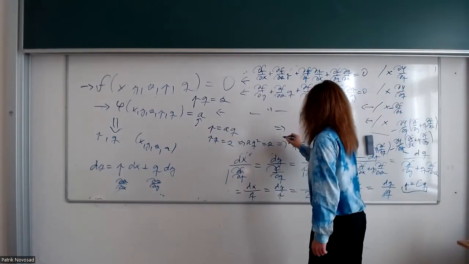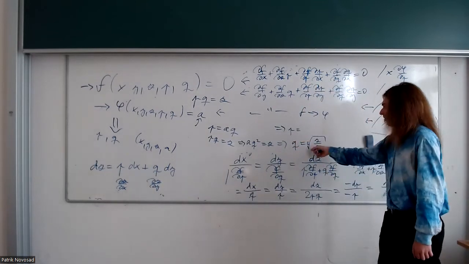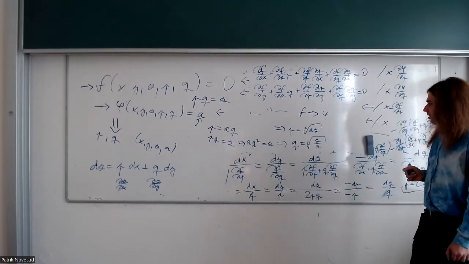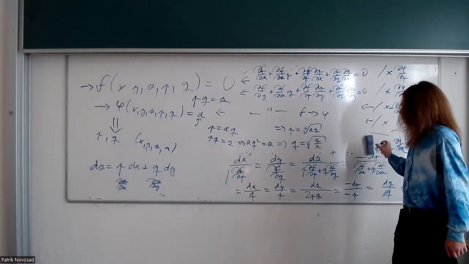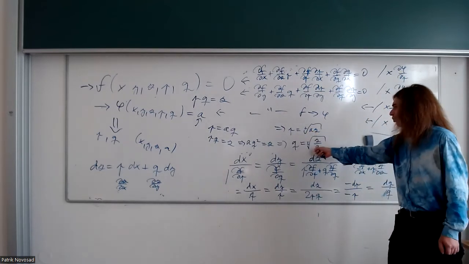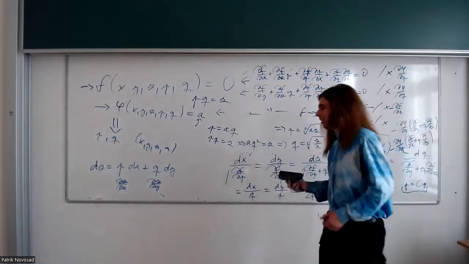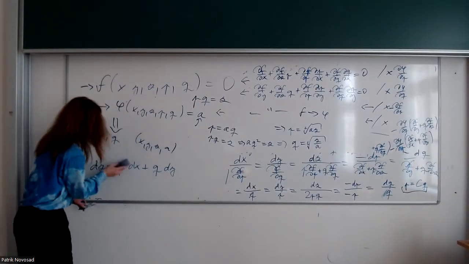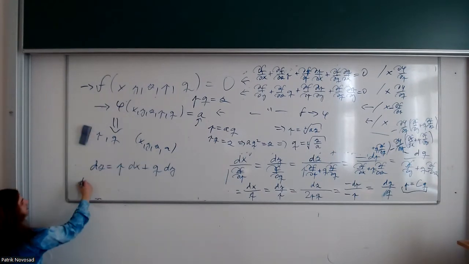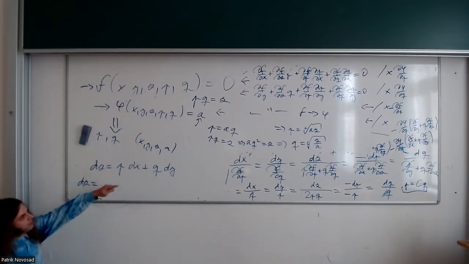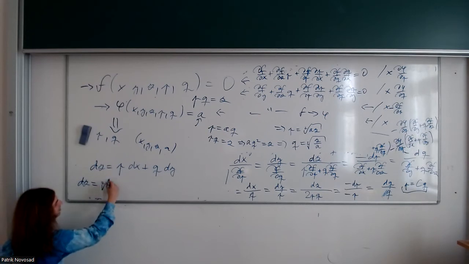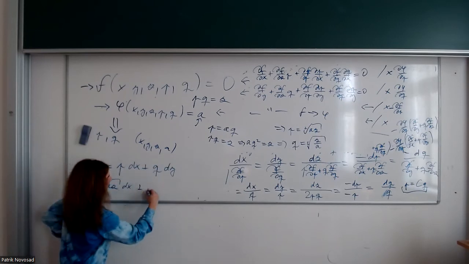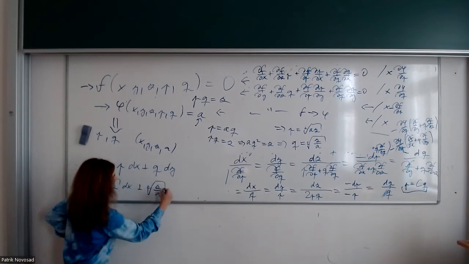And from that, we get that p is a times this, which is the square root of a times z. So now we have obtained p and q, and they depend on one parameter. And what's left is just plugging into this simple differential condition. So we get dz equals p, which is the square root of az, dx, plus q, which is the square root of z over a, dy.